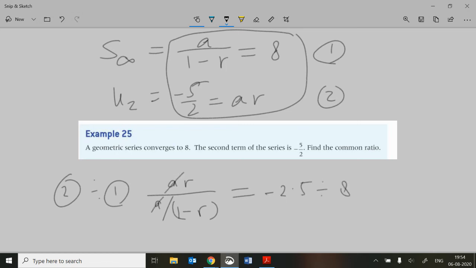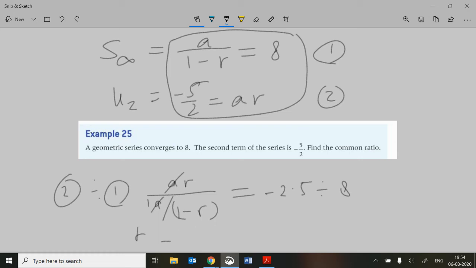This is perhaps a little bit messy and a bit tricky for you to sort out, but that will cancel there, and you'll be left with R divided by 1 over 1 minus R. That's kind of nasty, okay, but dividing by a fraction is the same as timesing by its reciprocal.